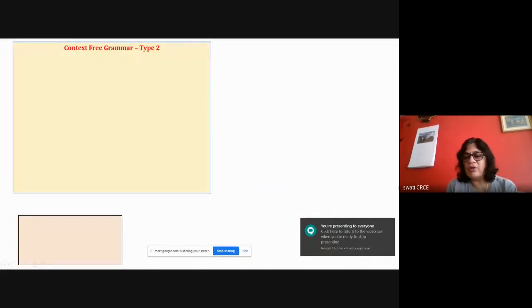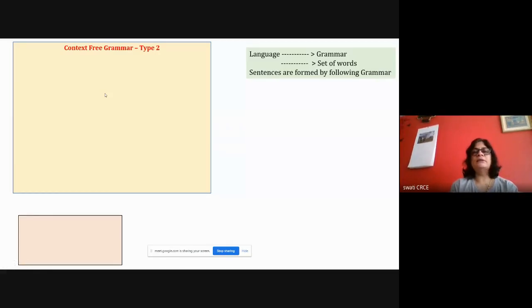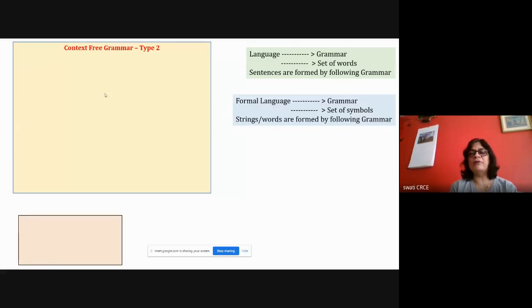So let's quickly revise what is context free grammar. Context free grammar is the type 2 grammar, and as I told you, every grammar belongs to a particular language. If you have a new language of computers also, you can have a grammar for the language. The language has a set of symbols, and the words of the language are formed by following the rules which are given in the grammar.